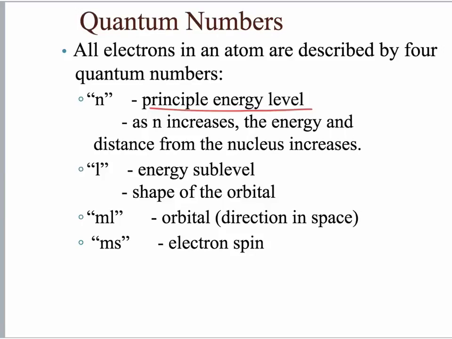L is the energy sublevel, the shape of the orbital as well. M sub L, which should be a big M and a small L subscript but didn't print quite right, is the actual orbital, or the direction of the orbital in space. M sub S is the electron spin.